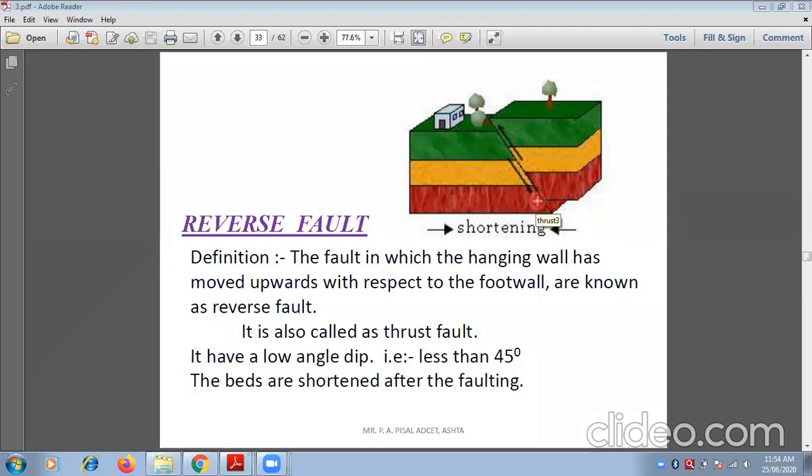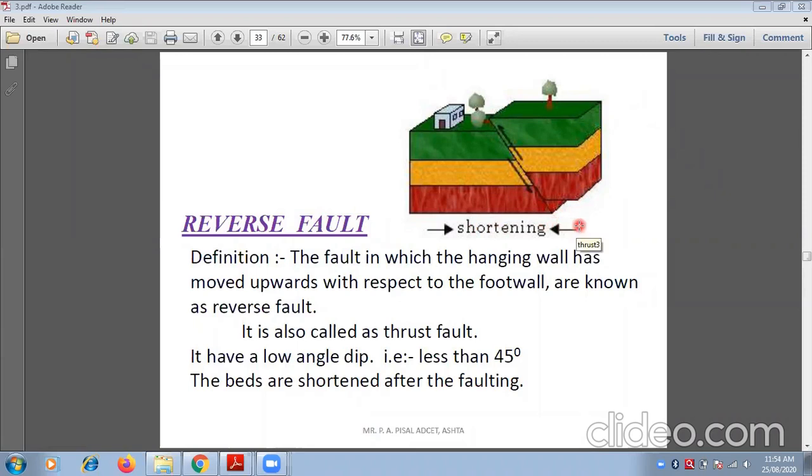In the normal fault we have seen the angle of dip is greater than 45 degrees. Here in the reverse fault the angle of dip is below 45 degrees, and the beds are shortened after the faulting because these blocks come towards each other.